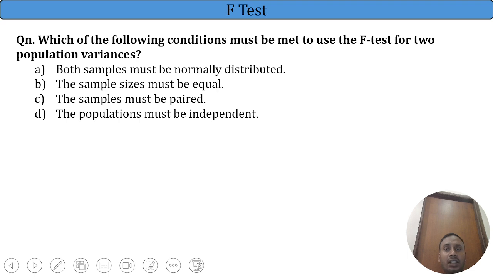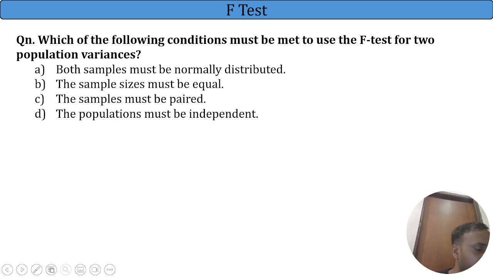Now I think we are left with two or three more questions, then we'll wind up. Which of the following conditions must be met to use the F test for two population variances? I have explained this one.